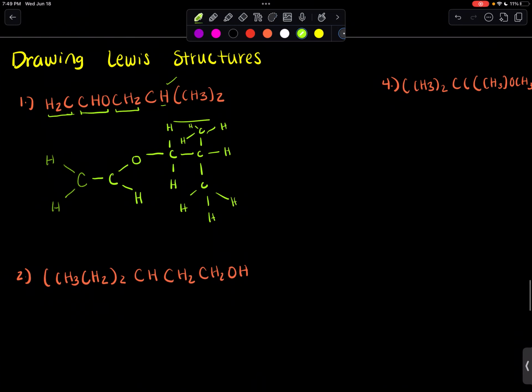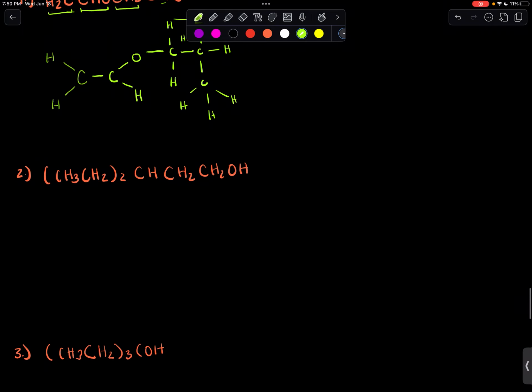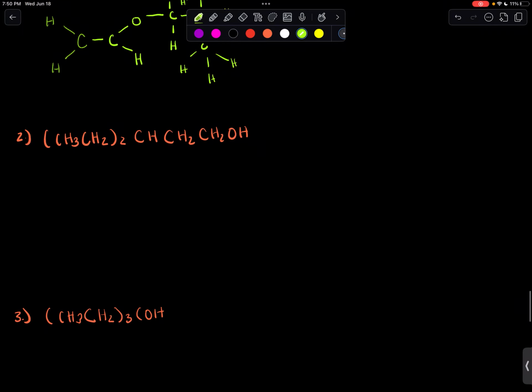So let's work on the next one. For the next one, we're starting with a CH3, and we have two of them. Okay, so remember what we talked about, that we know that those are going to be like little branches off a tree. So why don't we just put those at the end?